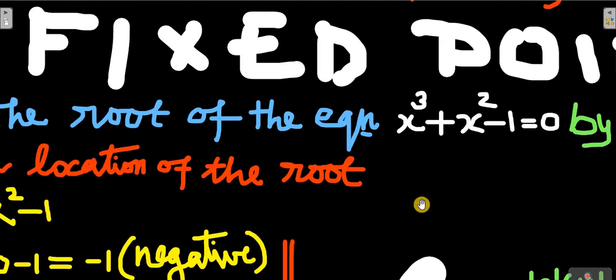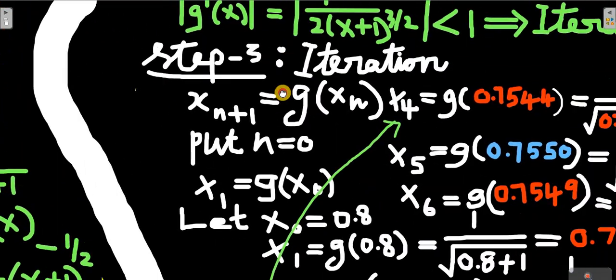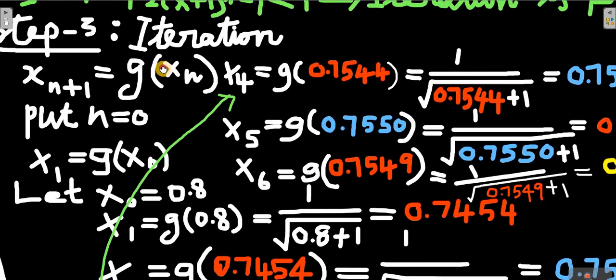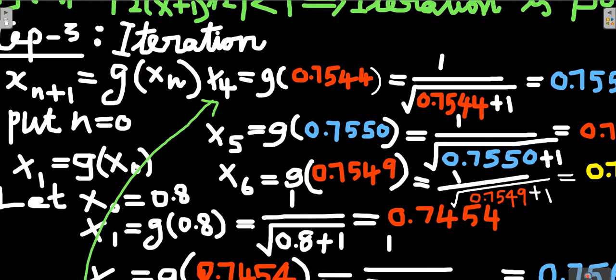Now let us come back here. This is the iteration formula that we have just looked at. Here x(n+1) equals g of xn. Now I take n equal to 0, then x(0+1) equals g of x naught.